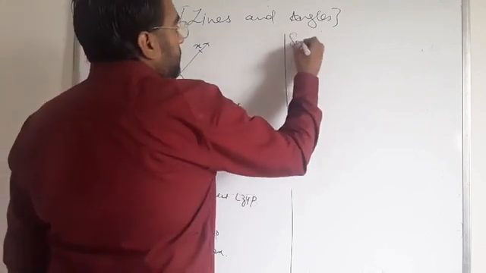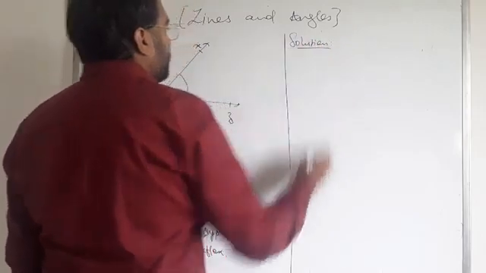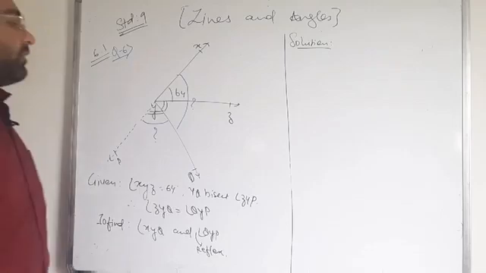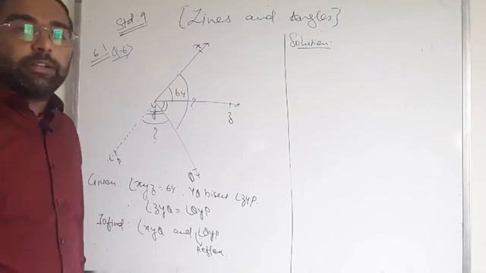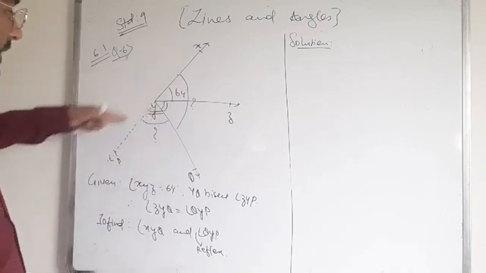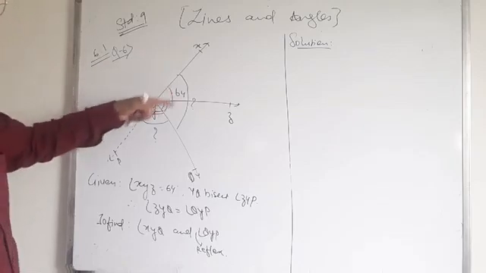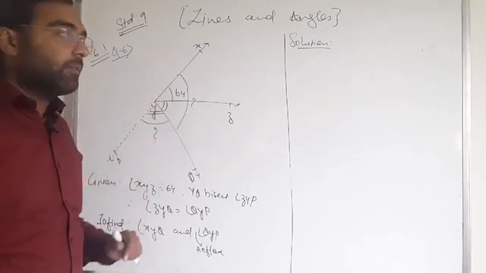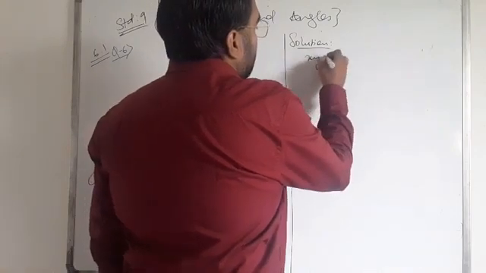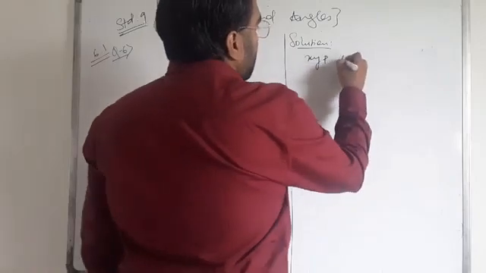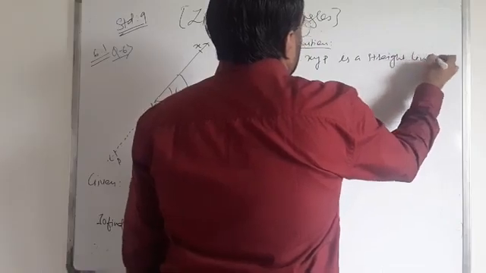So my solution: first of all, XYP makes 180 degrees. Clear? It makes a straight line. Therefore the total of these three angles is equal to 180 degrees. So I'll write: XYP is a straight line.